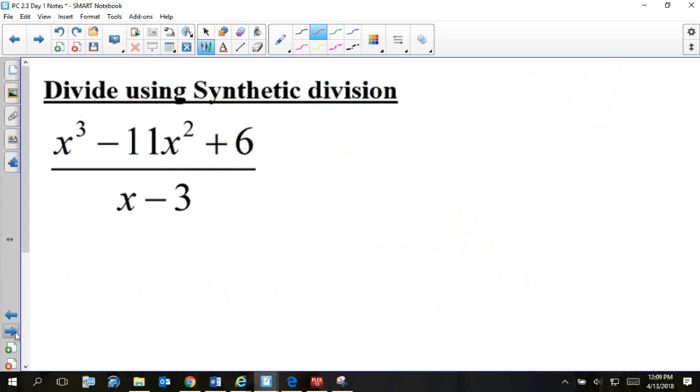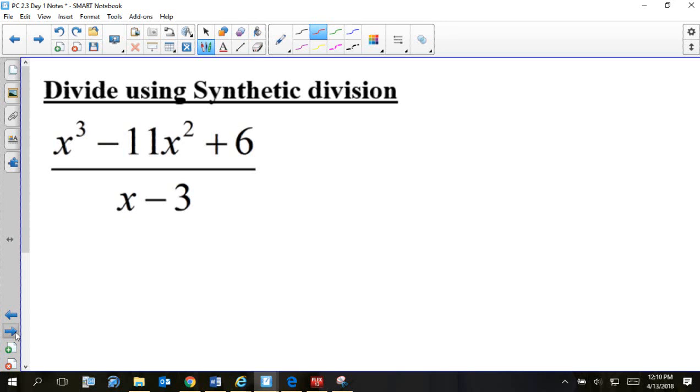So now we're going to do synthetic division, and at the top of your paper, I have a line. The line says, can only use synthetic division when. So you can't always use synthetic division, unfortunately, because synthetic division is way easier than long division.